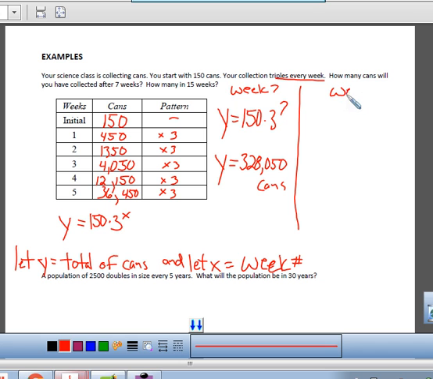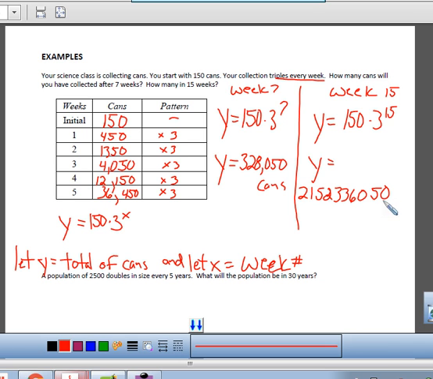So, for week 15, oh boy, this is going to be a monster. Y equals 150 times 3 to the 15th power. So, when you plug that into your calculator, you get an enormous number, if your calculator is big enough, 2152336050.